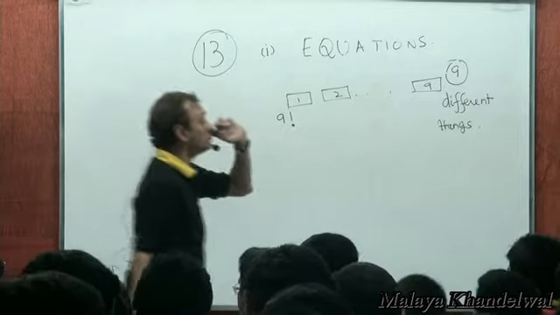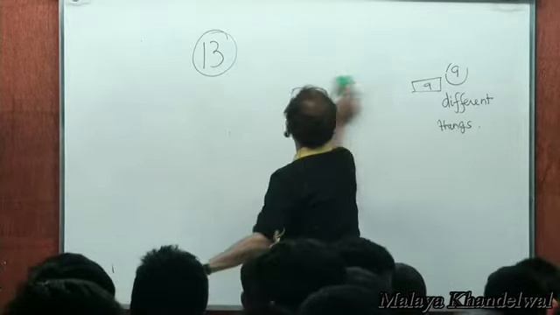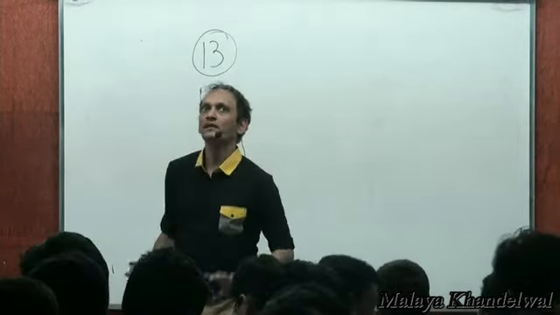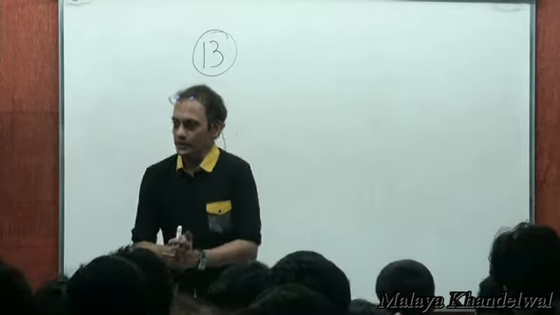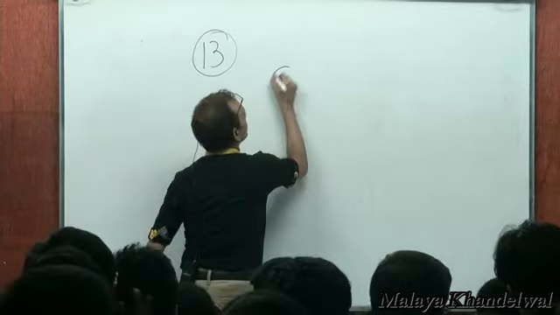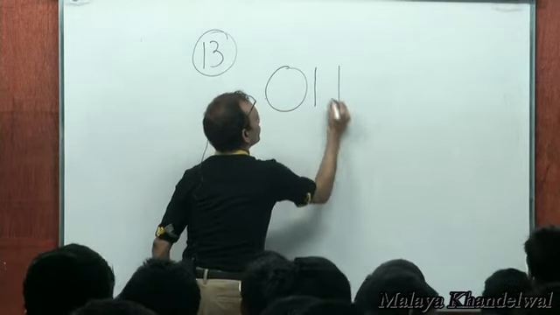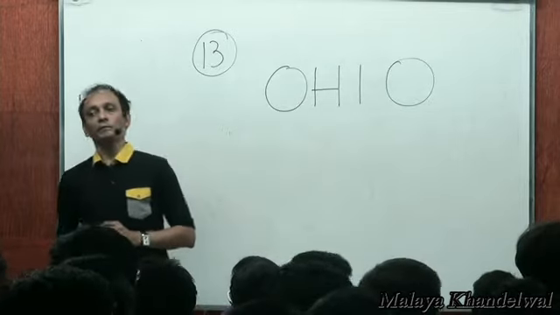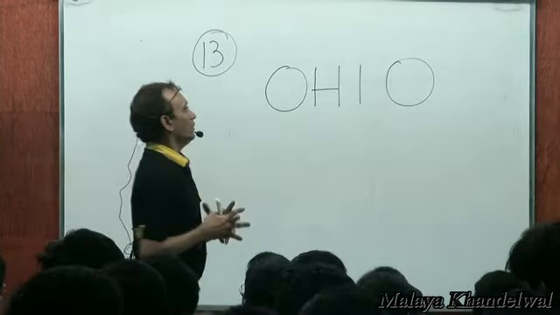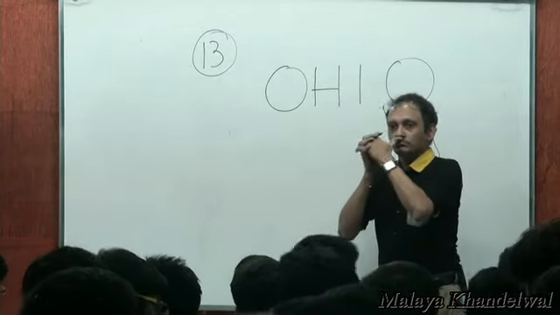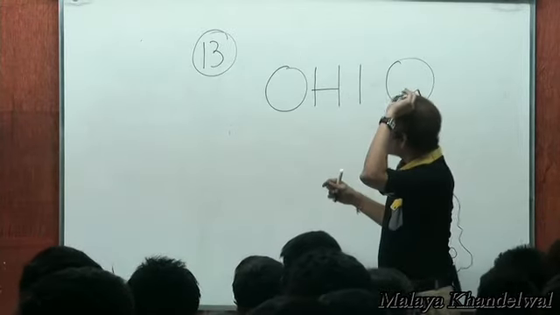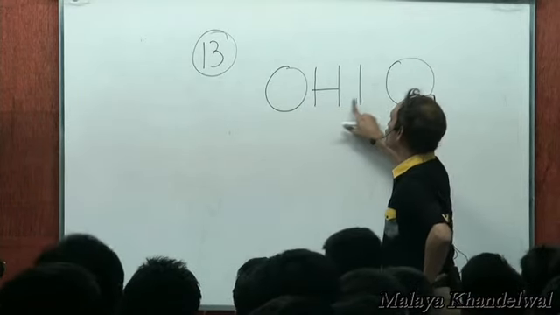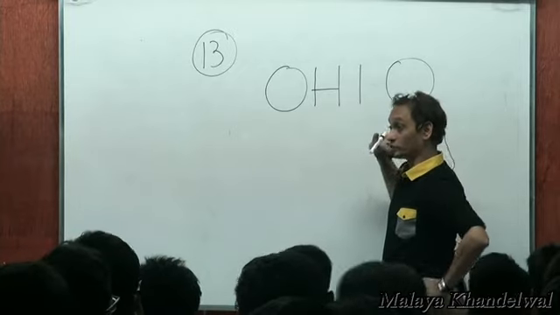Okay. Now, look. Suppose I have a word called Ohio. How many letters are there? 1, 2, 3, 4. 4 letters.